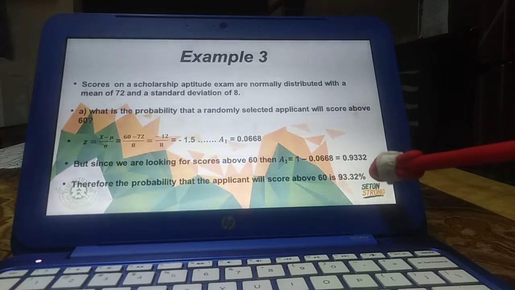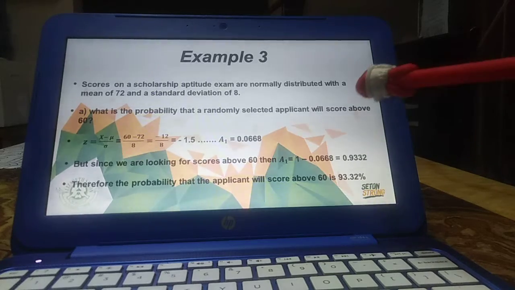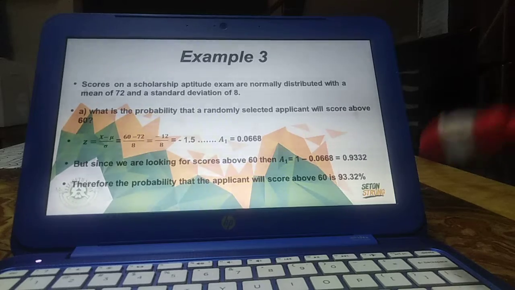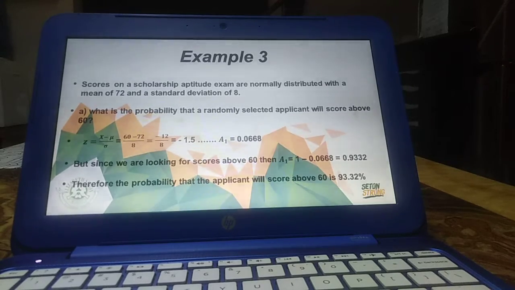Again, we subtract it from 1 because we're looking for scores above the given score. If we're looking for scores below, then whatever the area is will be our required area, or we can simply change it to probability already.